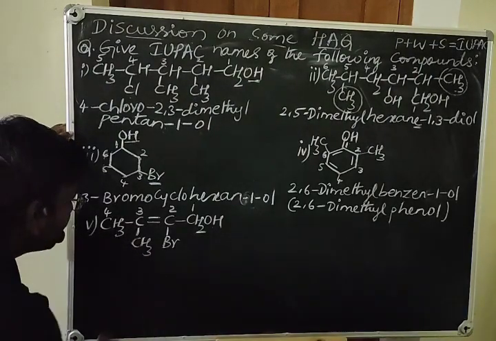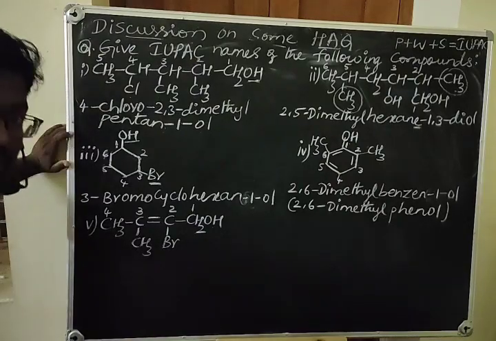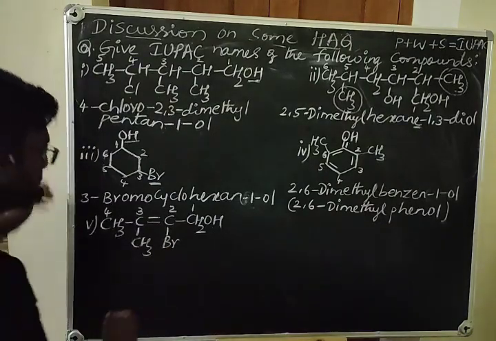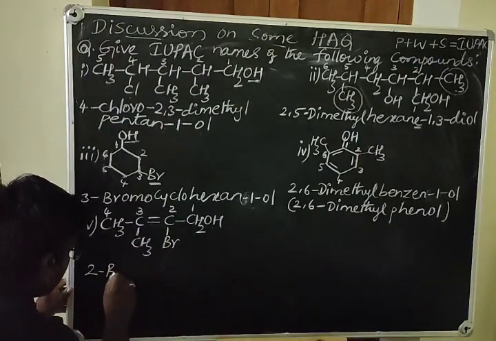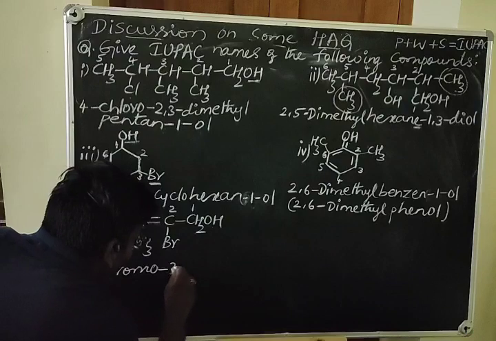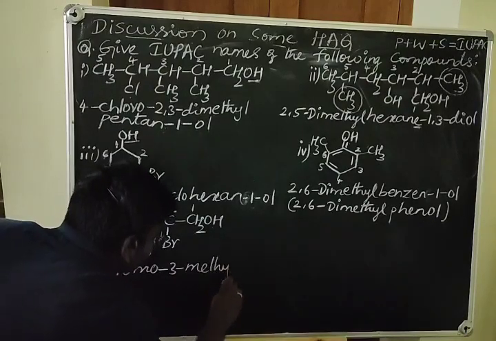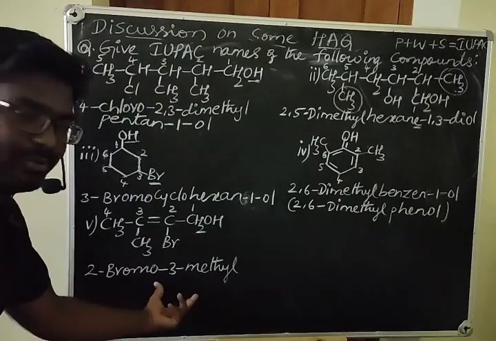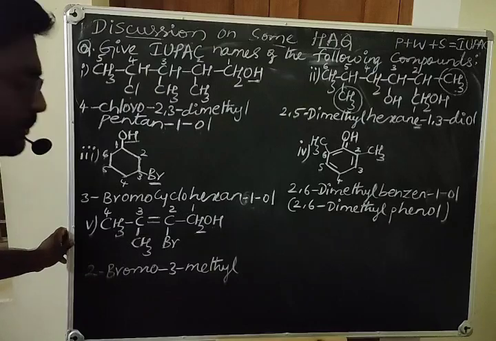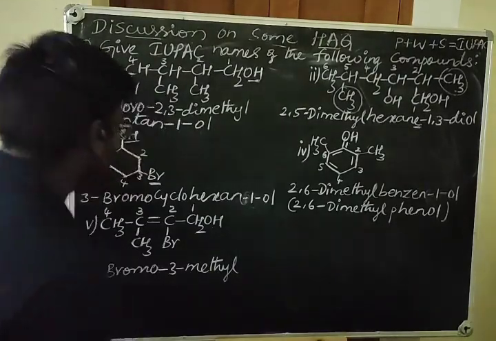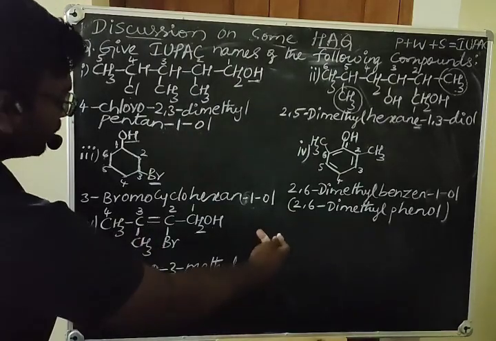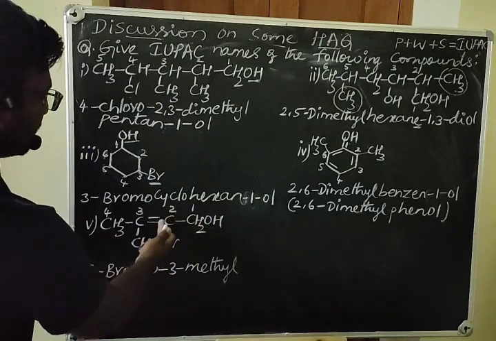Which substituent group comes first alphabetically? The B of bromo comes first. So 2-bromo, 3-methyl, and these are the prefixes. And the word root: it contains 4 carbon atoms in the parent chain, so for that you can take but, and here ene is present. When you move from left to right, the double bond starts at the second position.